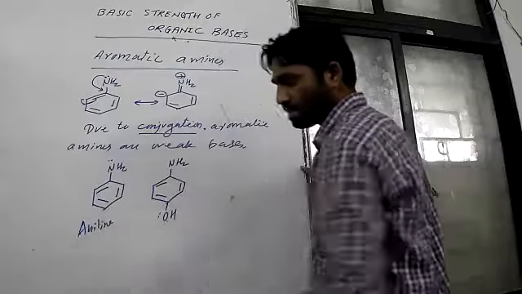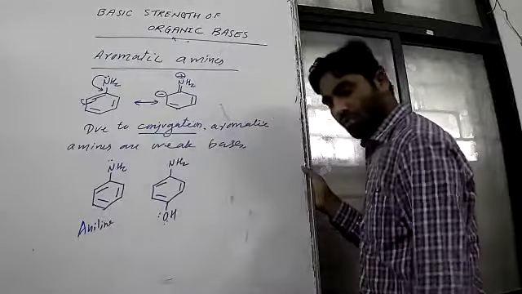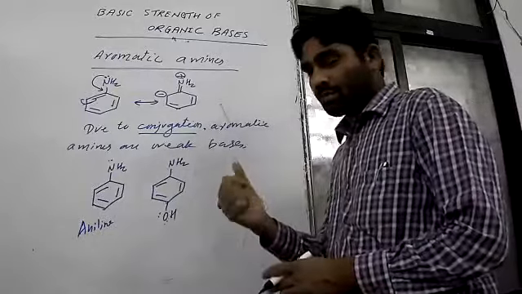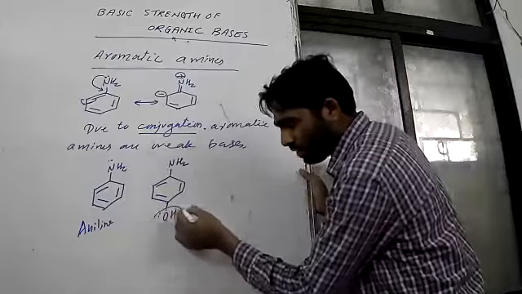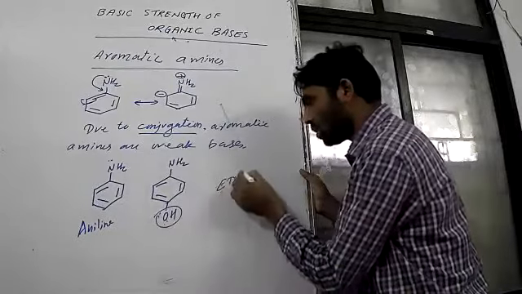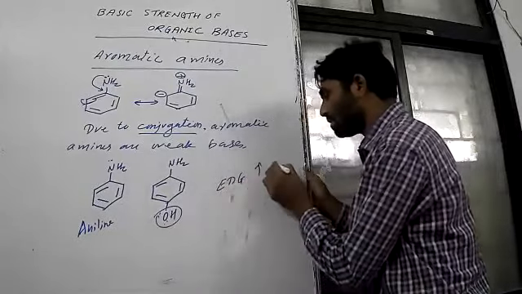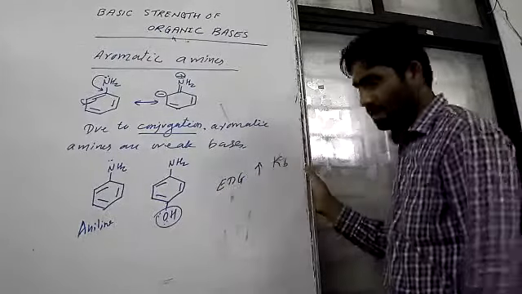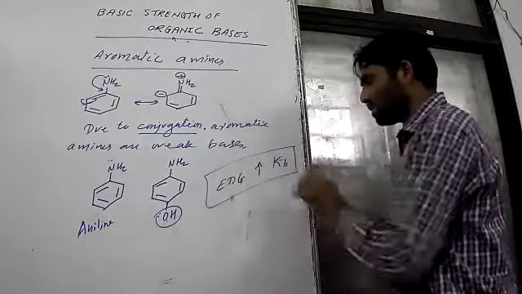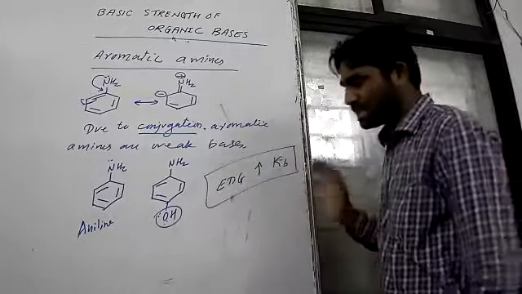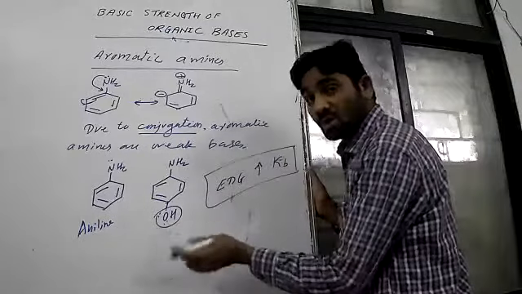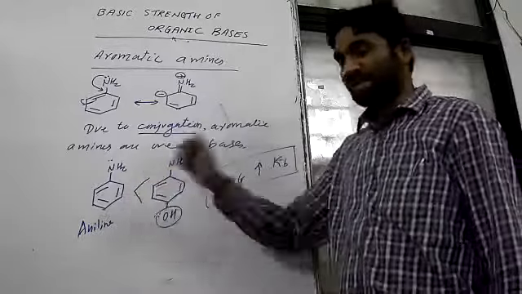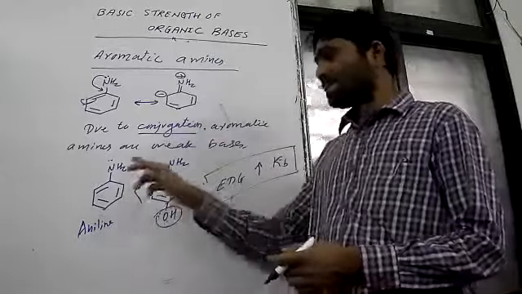This is aniline and this is hydroxyaniline. Which is the strong base of these two? We should know the effect of groups. Electron donating groups increase basic strength, that is, they increase the value of Kb. OH is an electron donating group, so this is the stronger base than aniline.